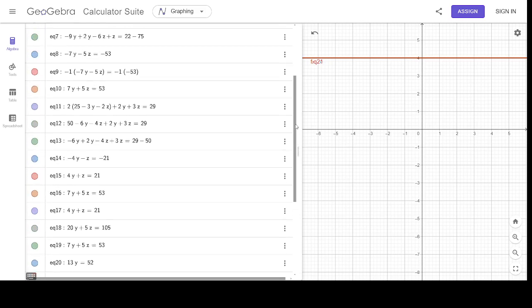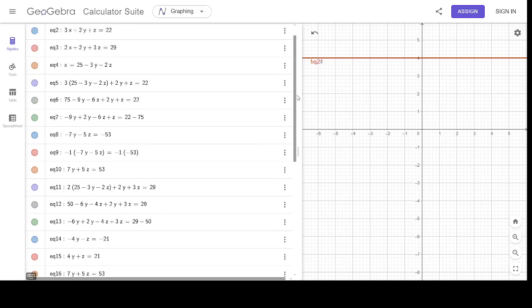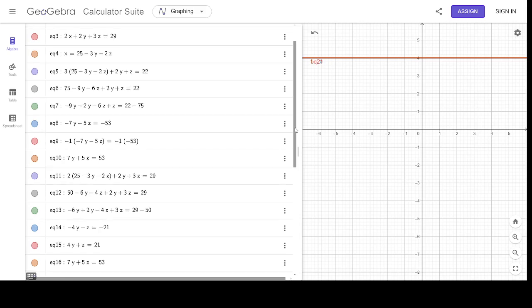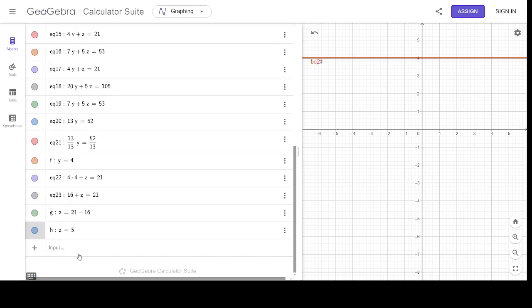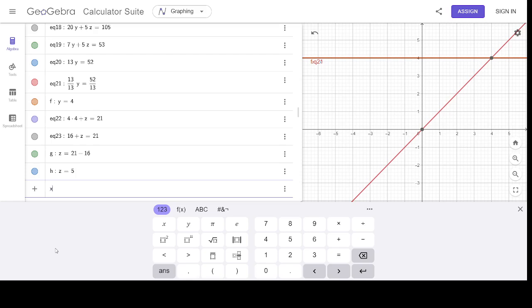You remember our first equation where we isolated x? This one. So what we need to do is to now substitute y and z to find the value of x, and we'll be done. So let's rewrite our expression for x. X is equal to 25 minus 3y minus 2z.